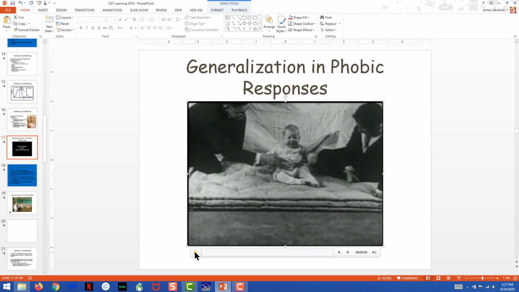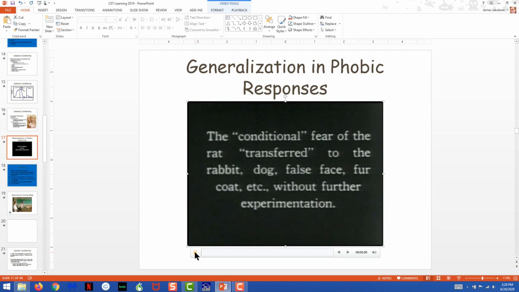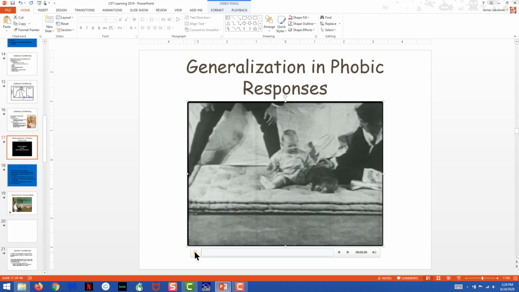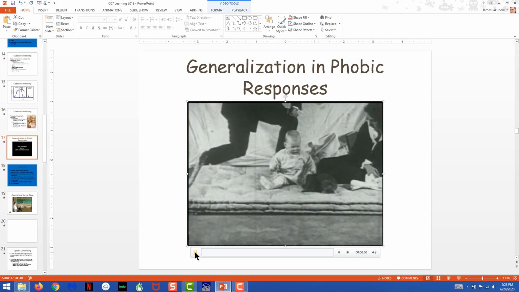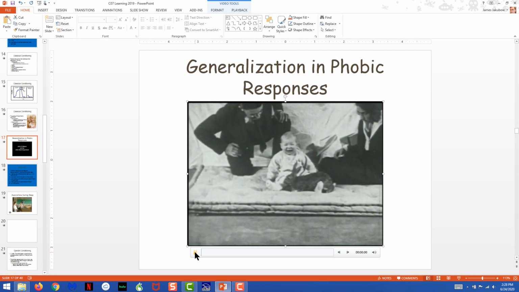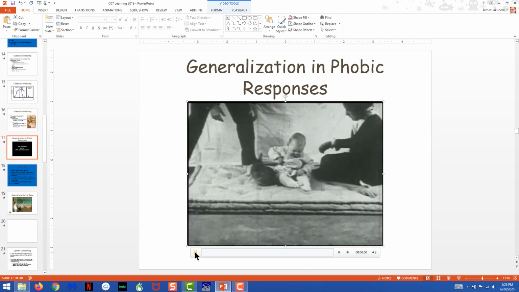So you can see the baby's crying at this point. And he is 8 months old and kind of chubby, so I think he might have a little trouble crawling, which would be normal under cases like this. He's crying to the rabbit. He was not crying before.